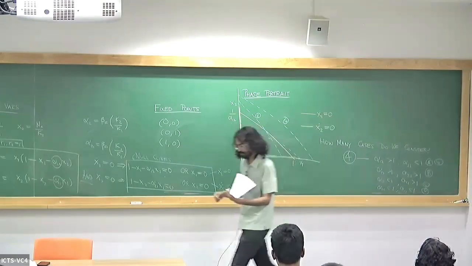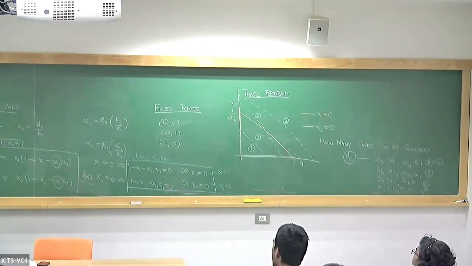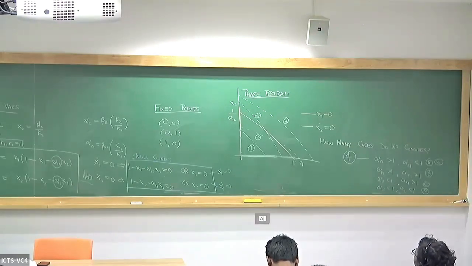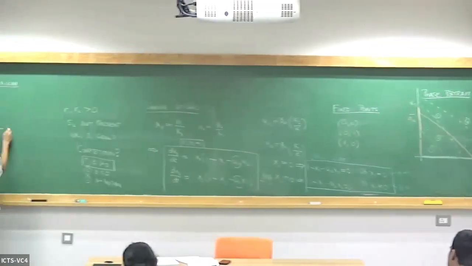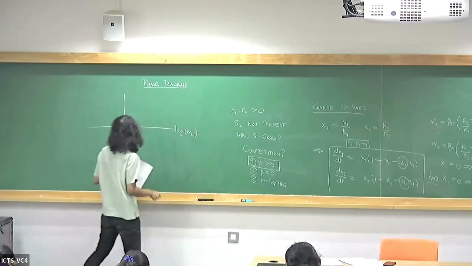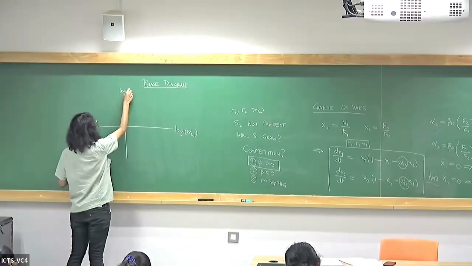And so this inspires us to make a phase diagram where we learn that really the things we should care about are whether the alphas are greater than 1 or less than 1. So you can just plot the log of both of these quantities on both axes.